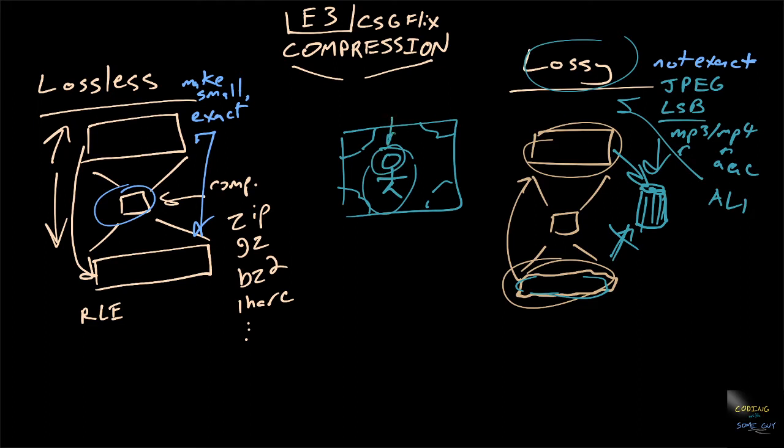We want a lot more detail here where people are going to notice it versus here, where if this black is one shade of black and this black is just a slightly different shade of black, no one's really going to care too much because we're not worried about making an exact reproduction. If we were, then we would be using lossless techniques.